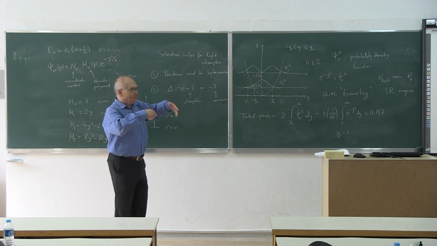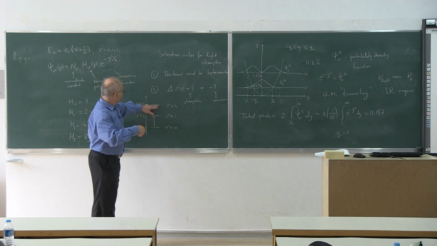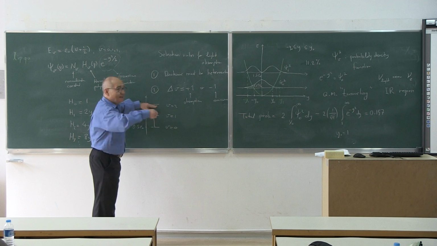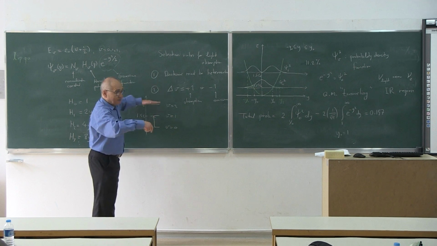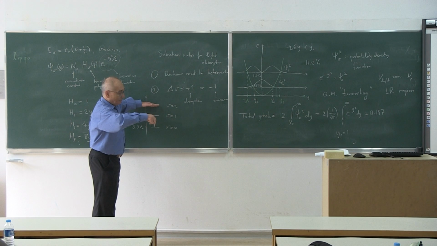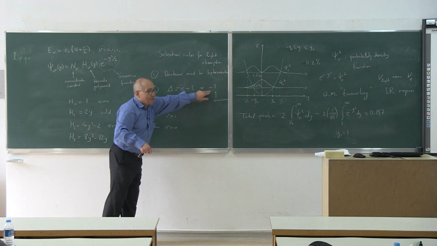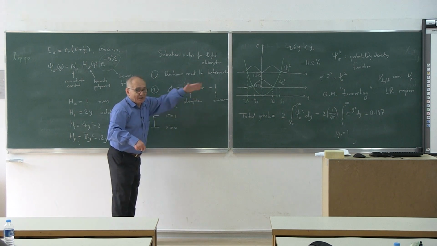Then, if there were some molecules, say, at V equals 2 level, those molecules could, if they absorb, make a transition to V equals 3 level. But if they emit because they are excited, they have excess energy. If they emit, they make a transition to V equals 1 level. This is what it means, V minus 1 for the emission.